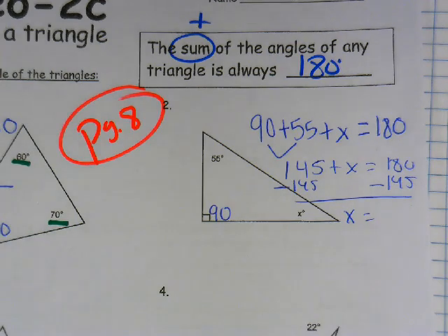All right, what do we got? What's 180 minus 145? 35. Nice. All right. Number 3.